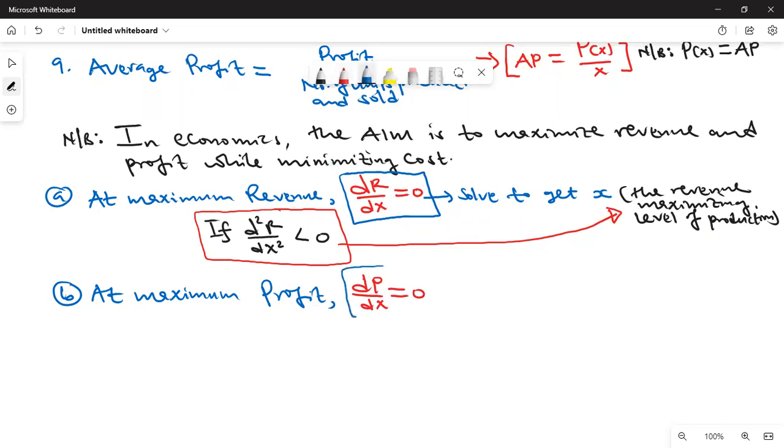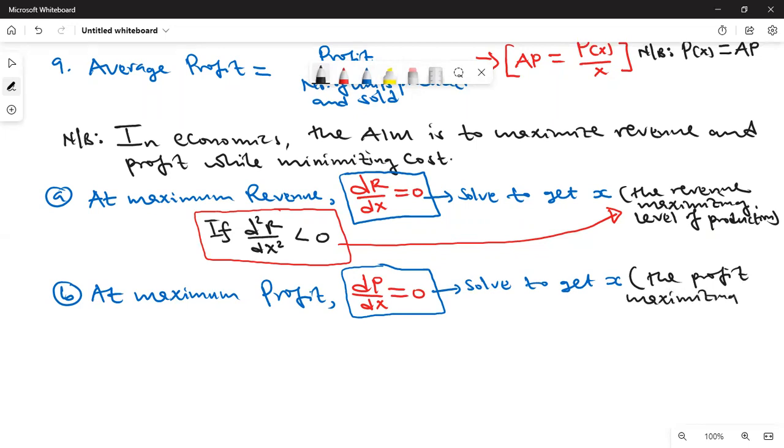This will be an equation that you need to solve to get the value of x. That value of x will be the profit maximizing level of production.